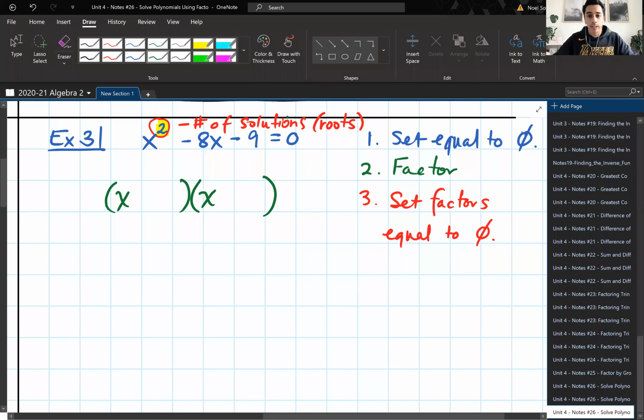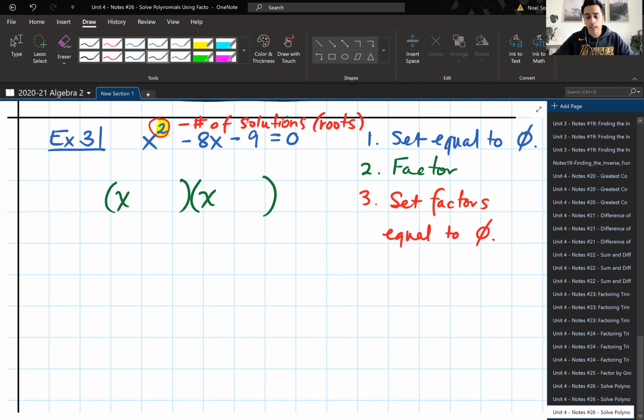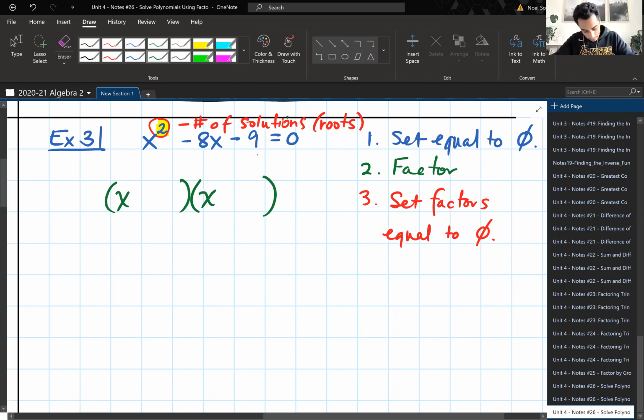Nine and -1 would add up to be +8. I want them to add up to be -8. There you go. Right, so we want -9 and +1.